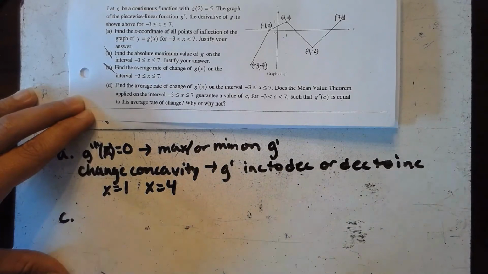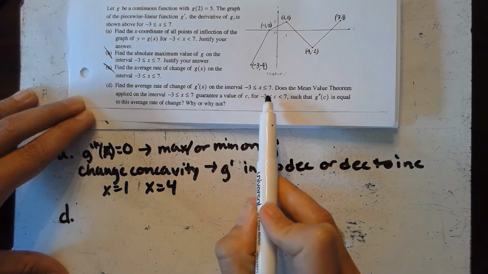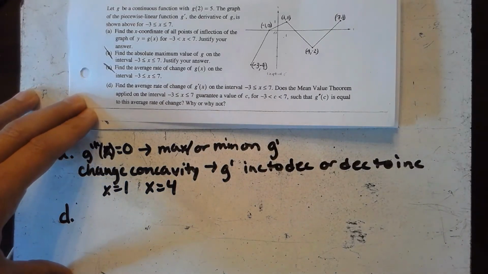All right, part D. Find the average rate of change of G prime of x on the interval from -3 to 7. Does the mean value theorem apply on the interval and guarantee a value of c, between -3 and 7, such that G double prime of c is equal to this average rate of change? Why or why not? Now, let's think about this for a second.